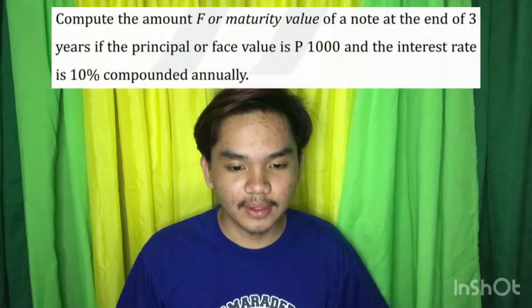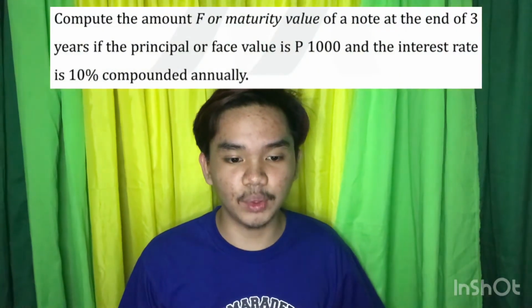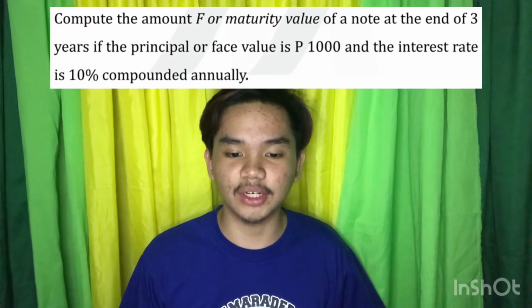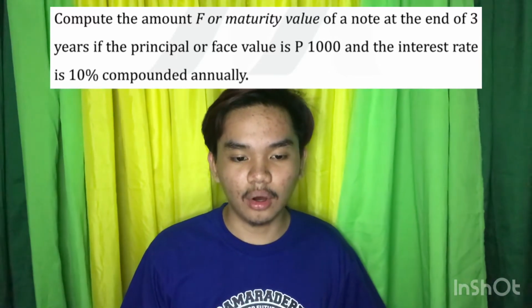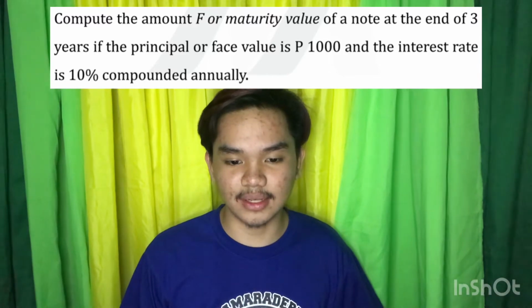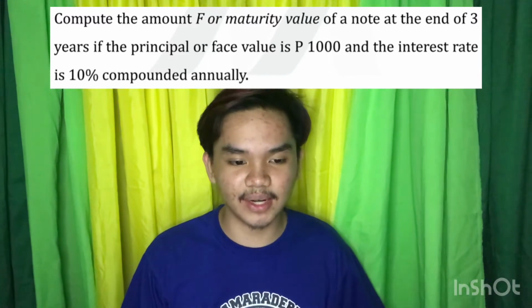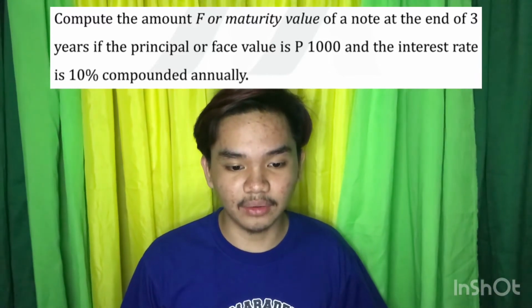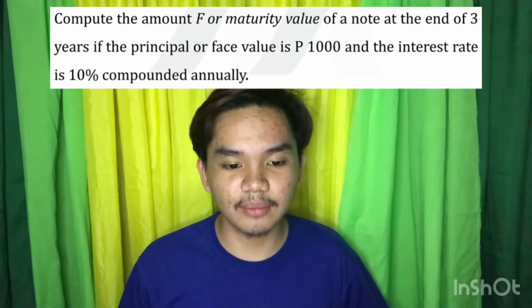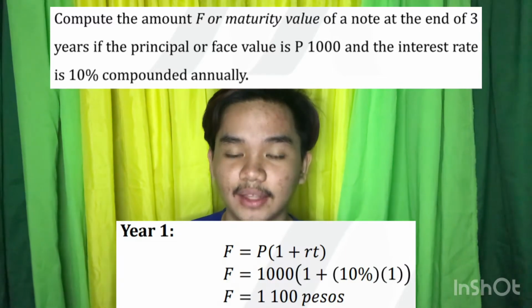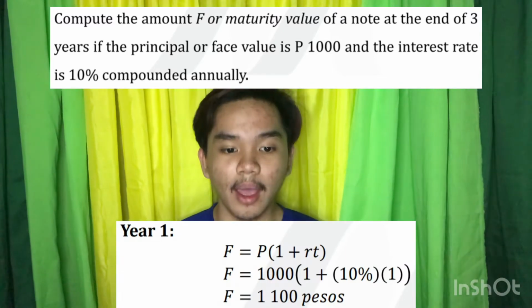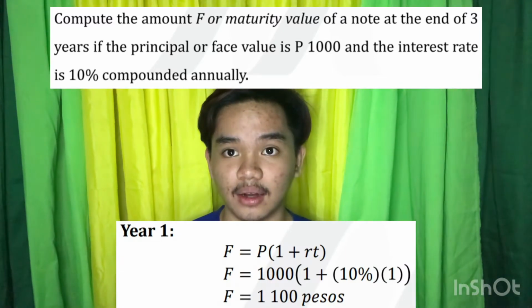So in an illustration, we need to compute the amount F or maturity value of a note at the end of 3 years if the principal or face value is 1,000 pesos, and the interest rate is 10% compounded annually. So ito yung magiging resulta niya. In the first year, meron tayong final amount or the maturity value, F is equals to P times 1 plus RT.